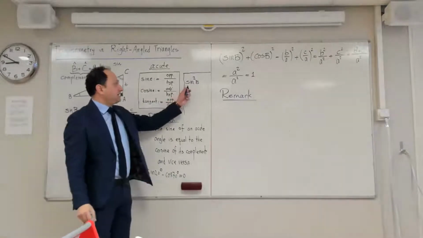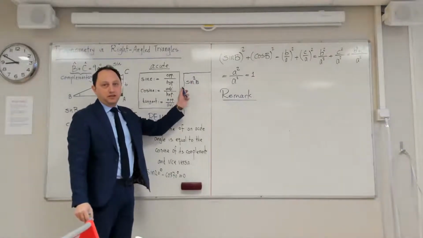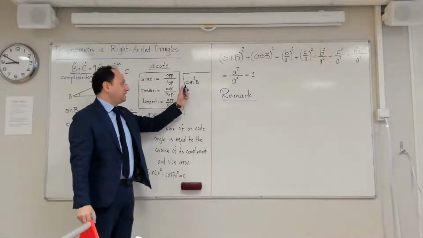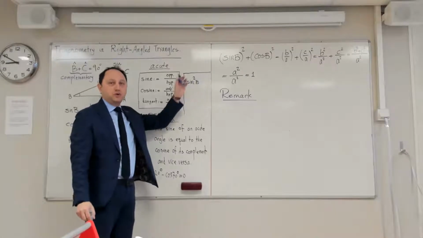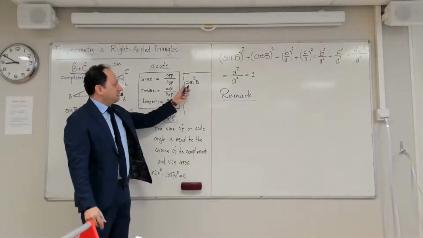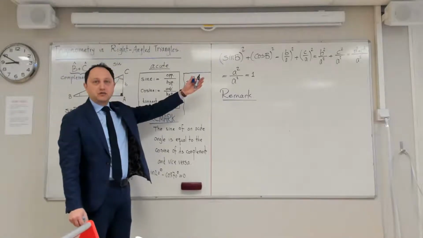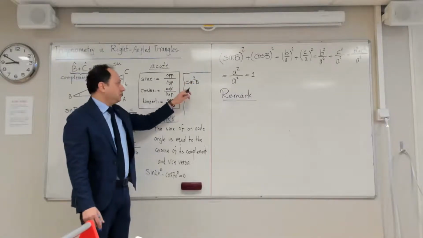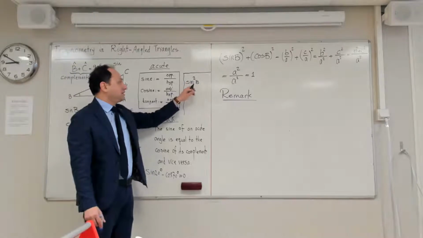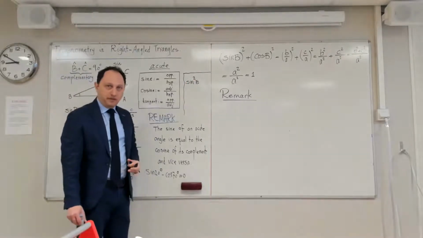And we read it as sine squared b, okay? Even though technically it means sine b squared. I think that is the correct way of reading it, because we first calculate sine of b and then square it. But sloppy language says this is sine squared b.